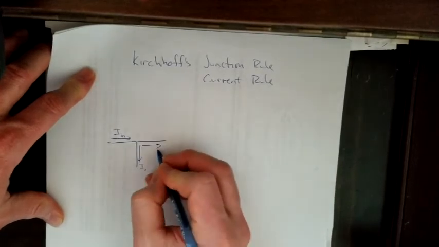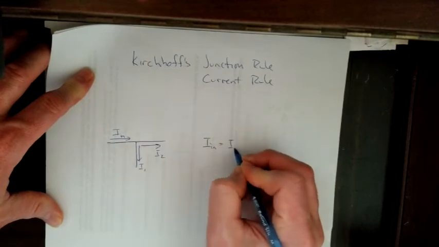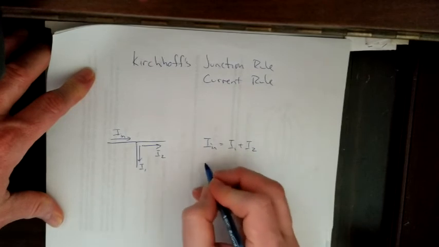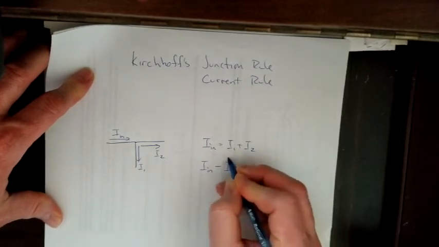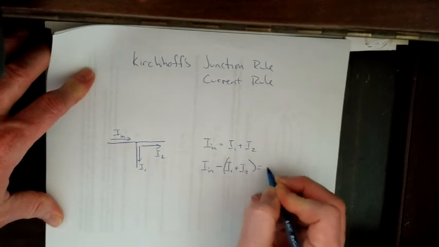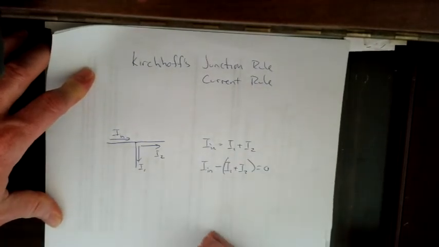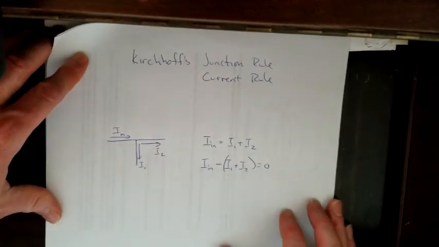We'll call this I1 and I2. The current in is equal to the current out. Or I could also write it as all the current in minus the current out is equal to 0, however you want to word it. But at any point in a circuit, whatever current I have flowing in is equal to the current flowing out.